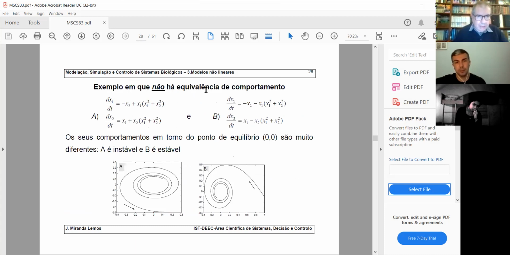You have these two nonlinear systems. You see this one is turning around to the outside, getting bigger and bigger. And this one is reducing. So the one on the left is unstable, and the one on the right is asymptotically stable.